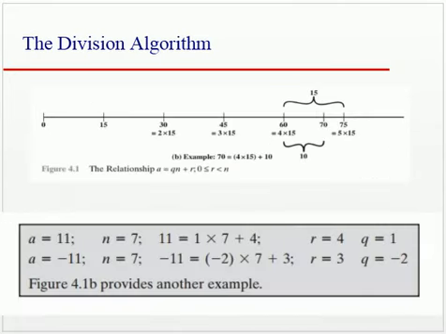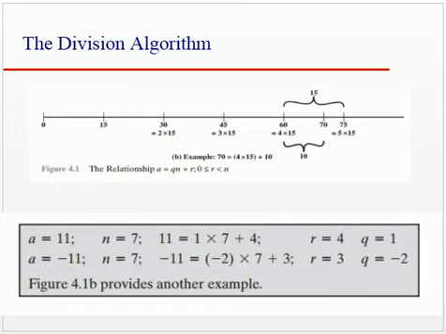Let us have one example where a is equal to 70 and n is equal to 15. On the number line we have 70 present at this location, and we start from 0 and proceed with n that is 15, then 2n that is 30, then 3n that is 45, 4n that is 60, and 5n that is 75. Here 60, that is 4 times n, lies before 70, while 5 times n lies after 70.